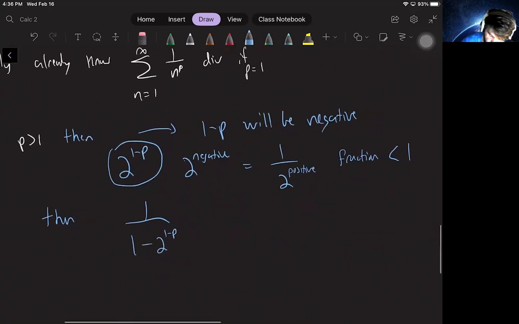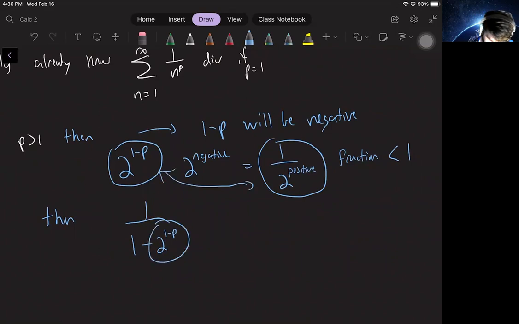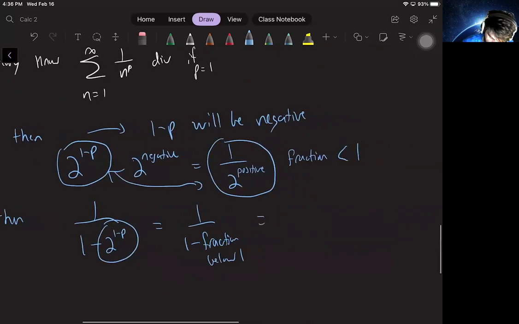So then what does this look like? Well, if this guy is a fraction less than 1, then when you do 1 over 1 minus that number, what's going to happen? Well, this will be a positive number because it'll be 1 divided by 1 minus a fraction below 1. So it'll just be some positive number.